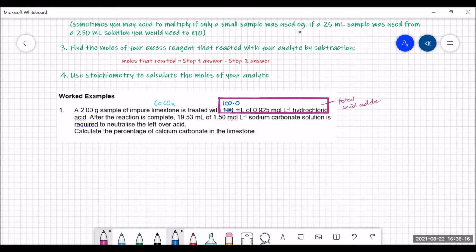Just identify the parts of the question that have to do with your steps. And then after the reaction is complete, 19.53 mL of 1.50 moles per litre sodium carbonate is required to neutralise the leftover acid. This is your titration data.